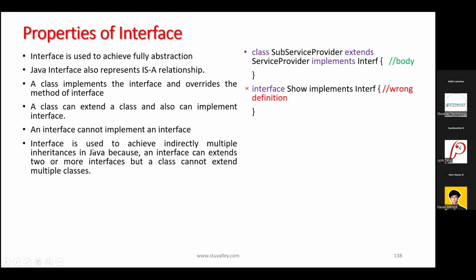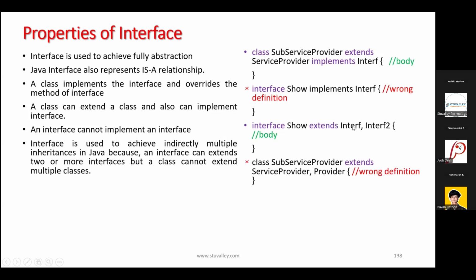Next property is that interface is used to achieve multiple inheritance indirectly in Java, because an interface can extend more than one interface, or you can say two or more interfaces, but a class cannot extend multiple classes, right? So that's why we can achieve multiple inheritance through interface.